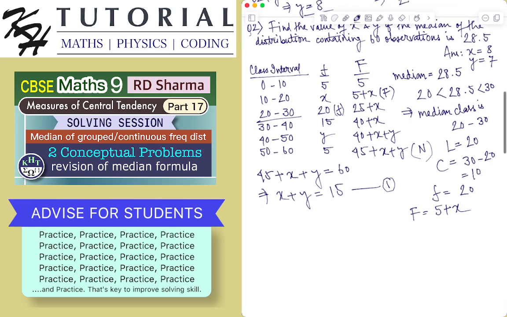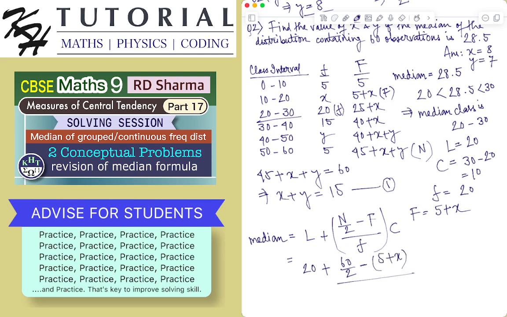Okay, now we know median is equal to L plus n by 2 minus capital F divided by small f, this whole multiplied by C. L is 20 plus n is 60 by 2 minus capital F is 5 plus x, whole divided by small f is 20, multiplied by C is 10.